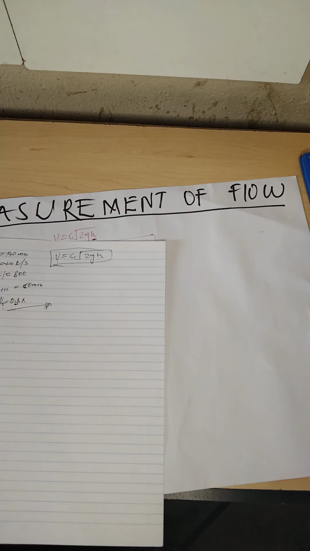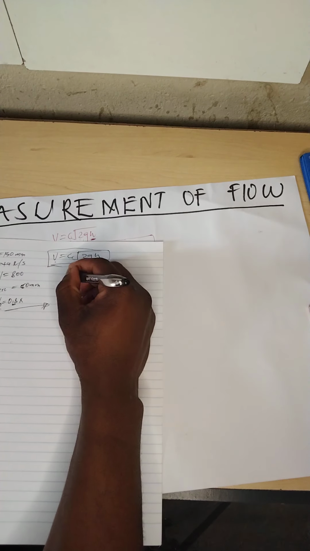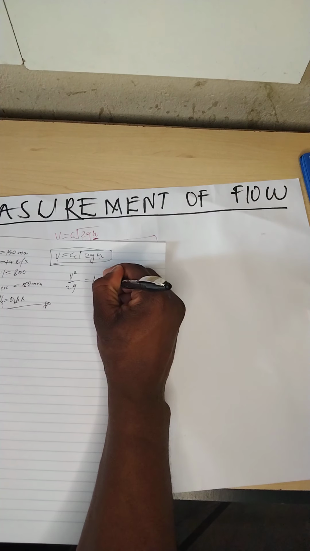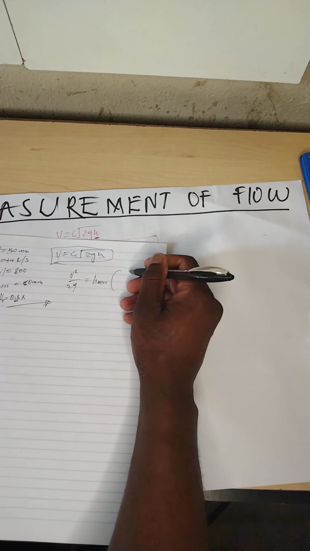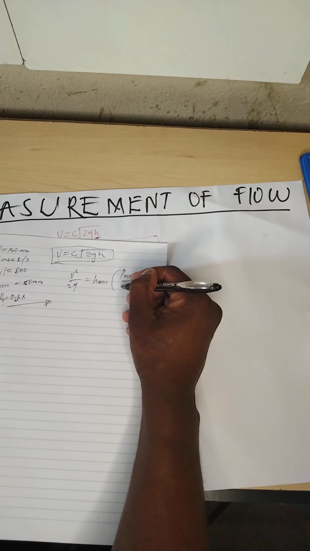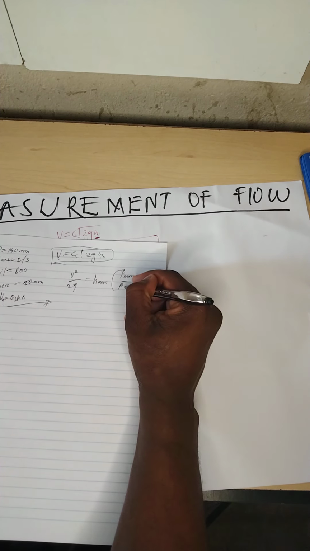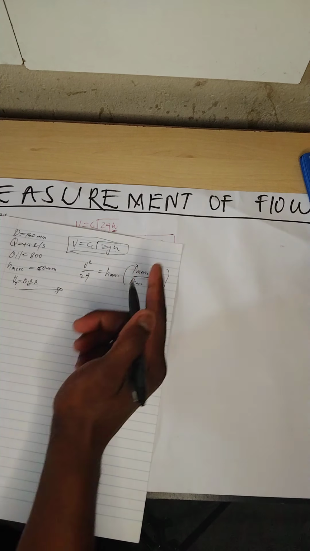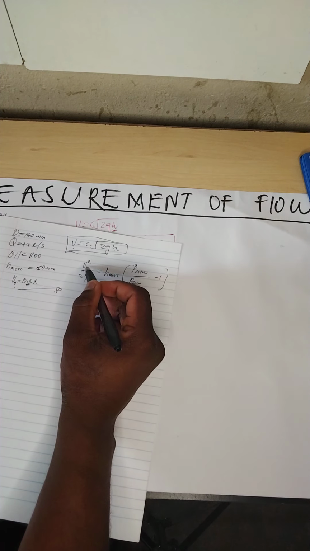If we say V squared over 2G equals height of mercury into density of mercury divided by density of fluid minus 1 close. Can you see this one? So it means we're going to use it to find what? Our velocity.